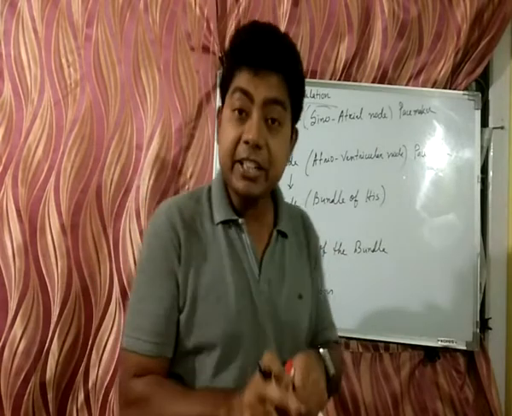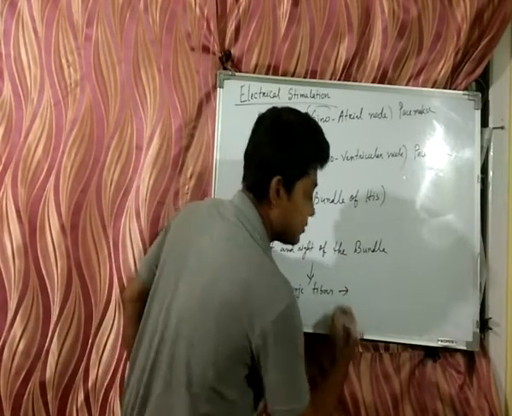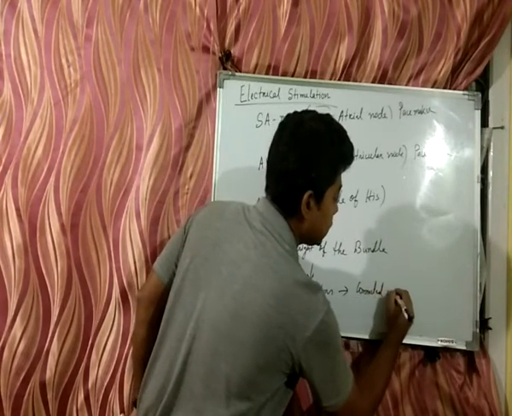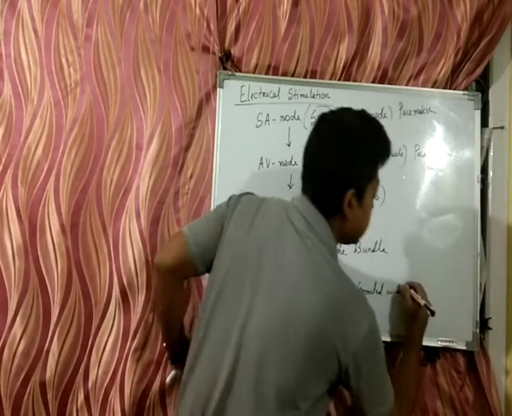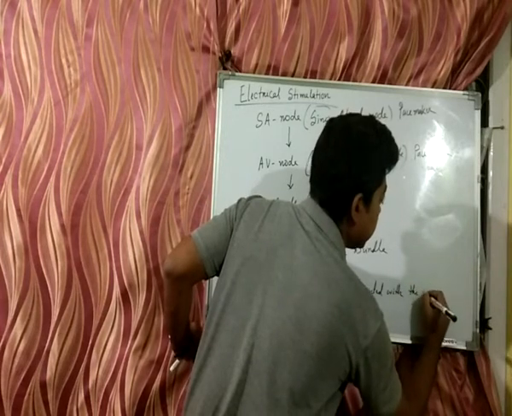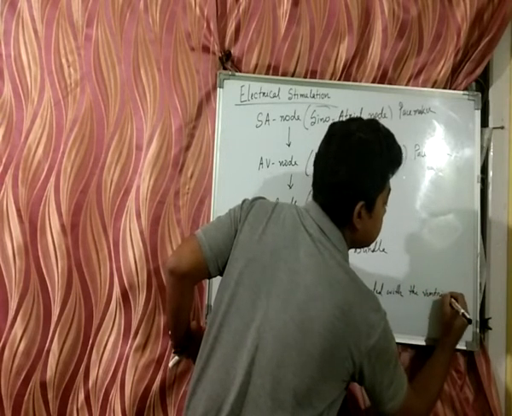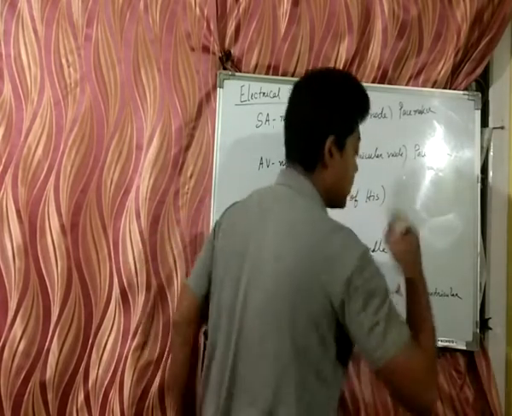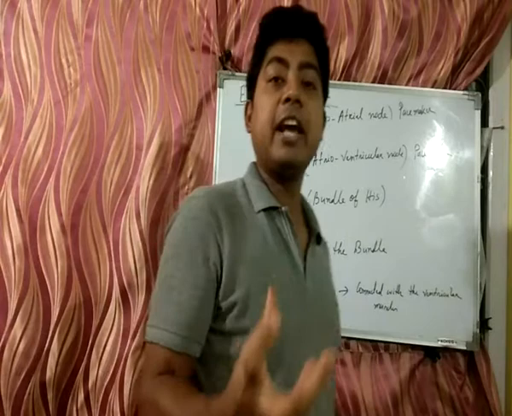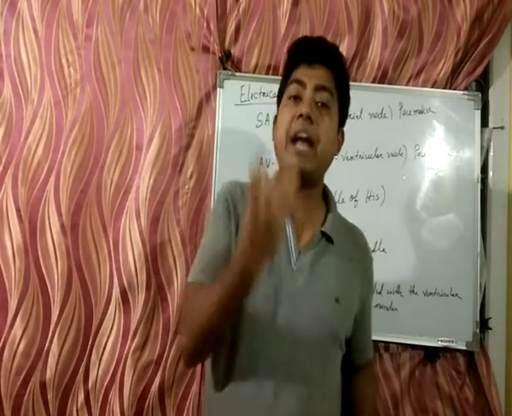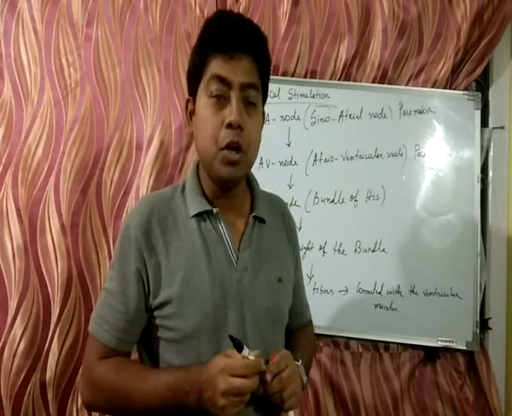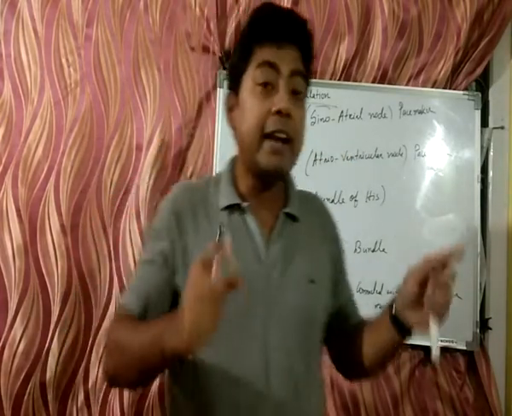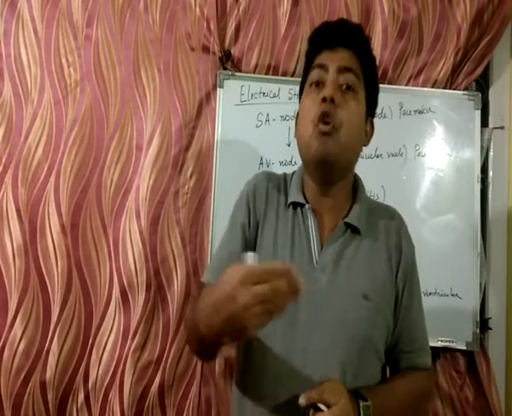These fibers are connected with the ventricular muscles, so that they can create contraction in the ventricular part also. So that is the sequence through which this electrical stimulation moves.